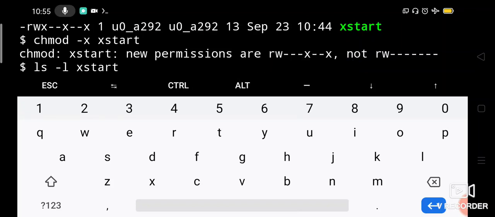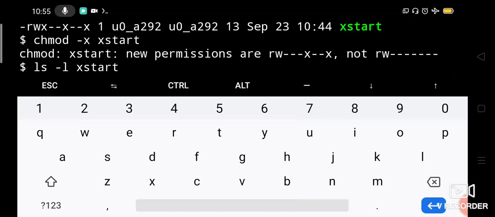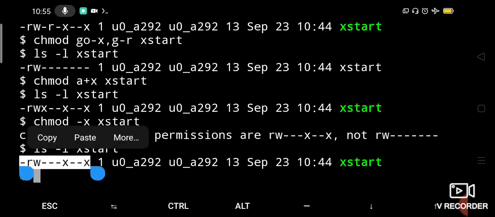It says this is the permission and not this what we are expecting. So why this message, I will check and let you know.